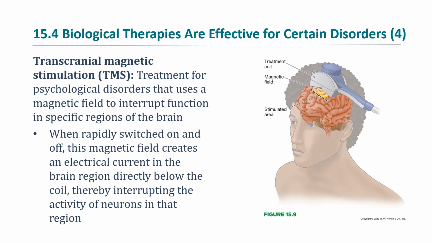And in fact, it will interrupt function in specific regions of the brain. So you're actually going to send these pulses down, and you can kind of turn off some clusters of neurons in the brain. It is another alternate technique that's used to treat severe depression.